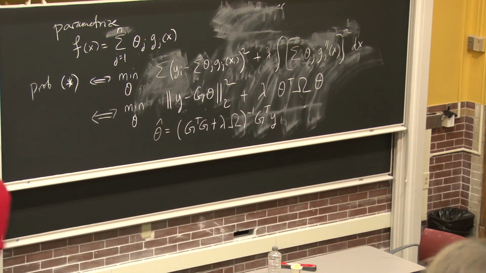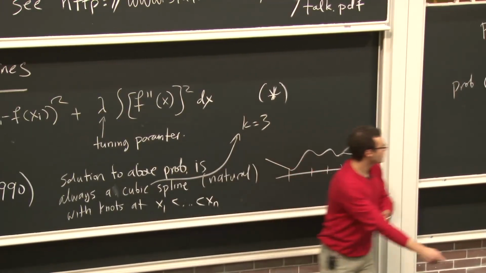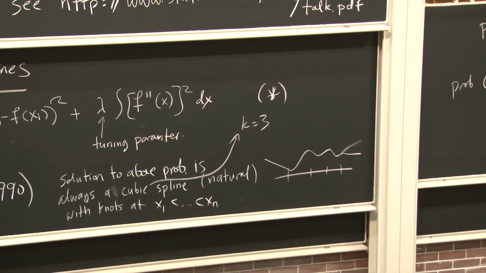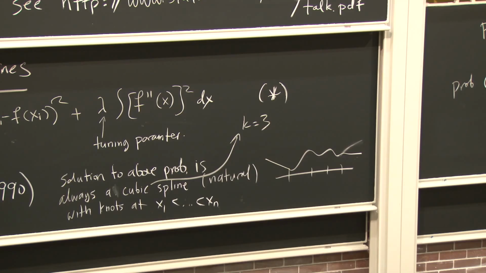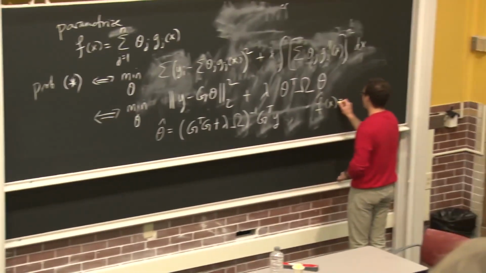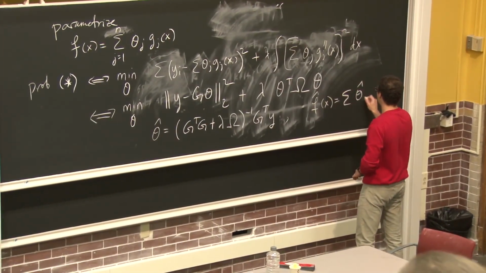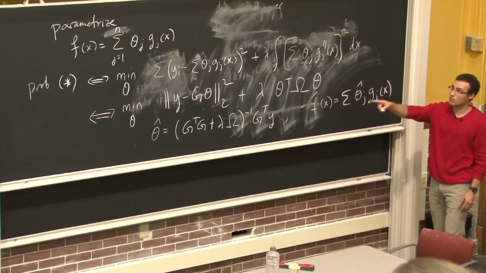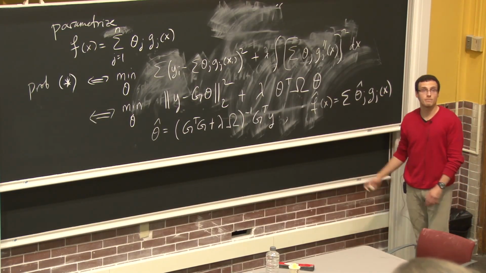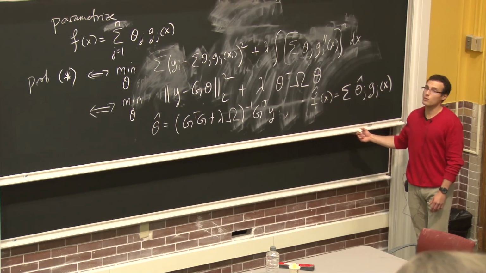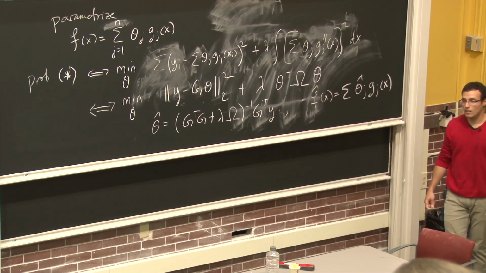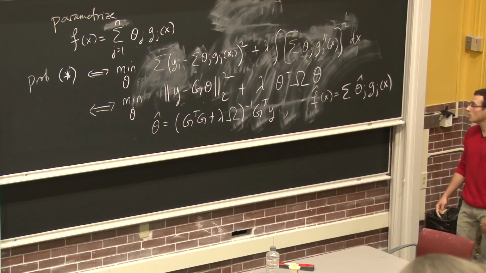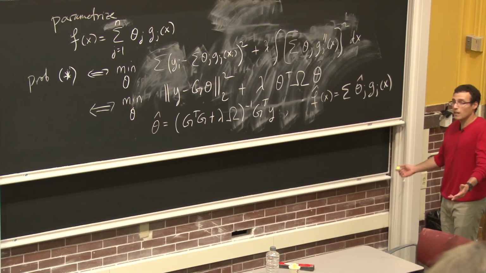After I have these thetas, I just take f hat to be the sum of theta j hat gj, and that actually solves that original problem.